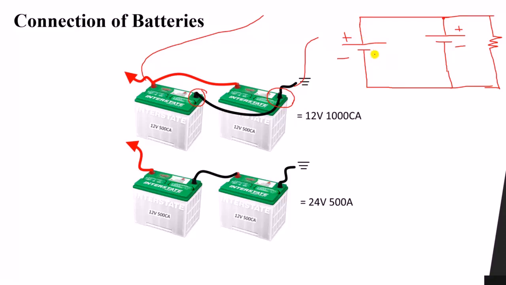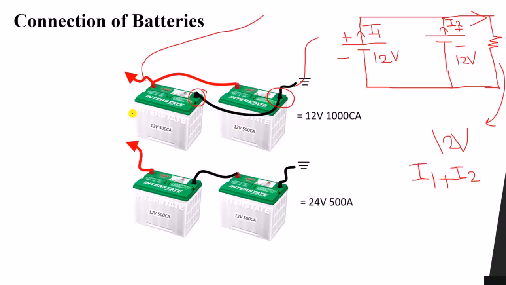So what will happen here? We have a 12 volt, another 12 volt. This battery will provide a current I1, and this battery will provide current I2. What is the voltage across the resistor? Since they are all in parallel, the output voltage will be 12 volt. And what is the total current going to the load? The total current is the summation of these two currents, I1 plus I2.